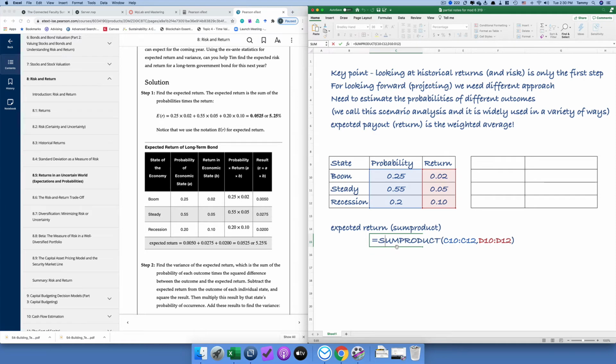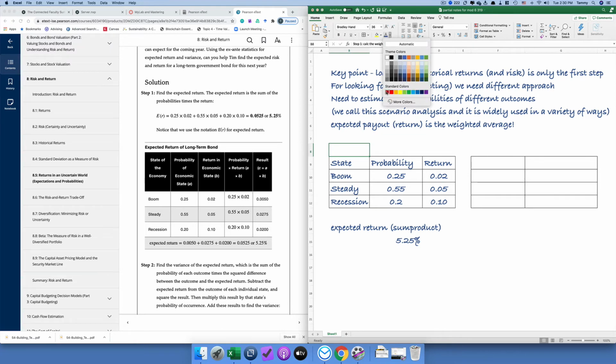So this is the sum product of the probabilities and the returns. It's a simple Excel function that gets you to the same number that they calculate. Okay, so that's step 1. This is our weighted average, or our expected return.